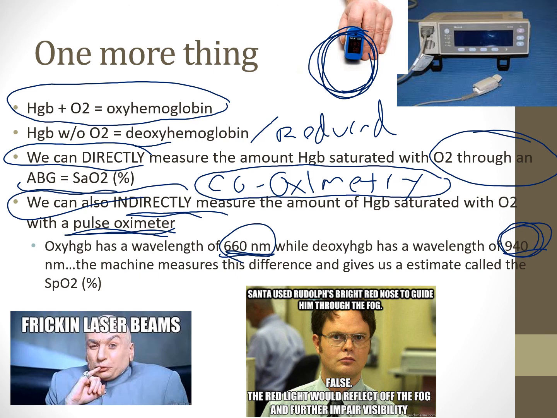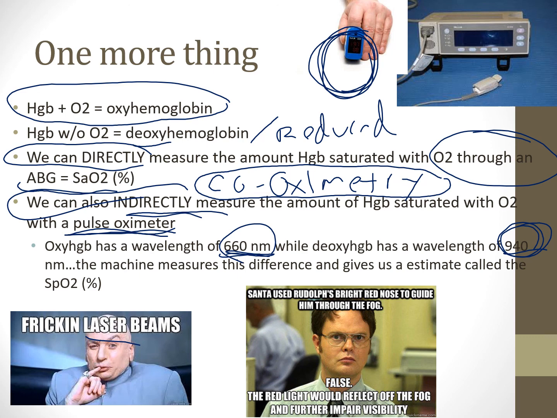So when we shoot these wavelengths through there, we're going to use some lasers. We shoot those wavelengths through the finger or wherever we have the pulse ox connected, and we look at the wavelengths. Depending on how much oxygen you have in your system, it's going to reflect or refract back to the machine.